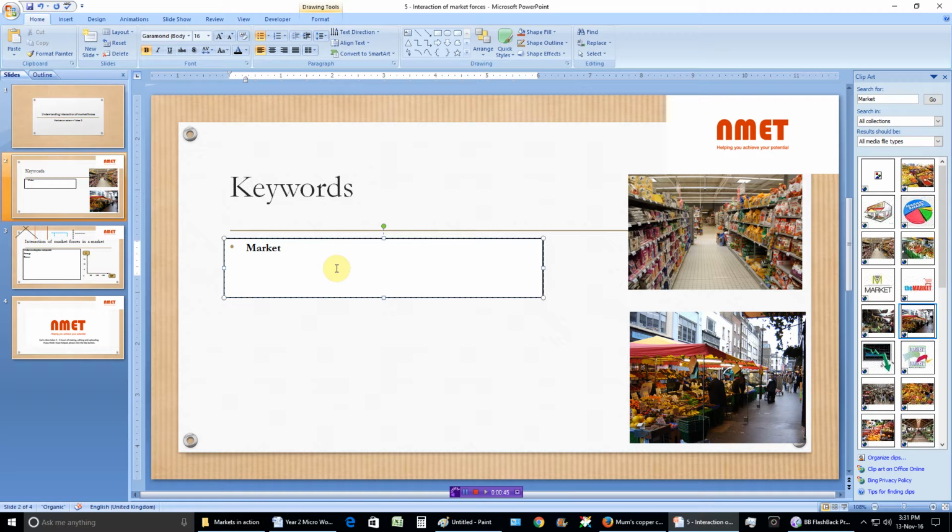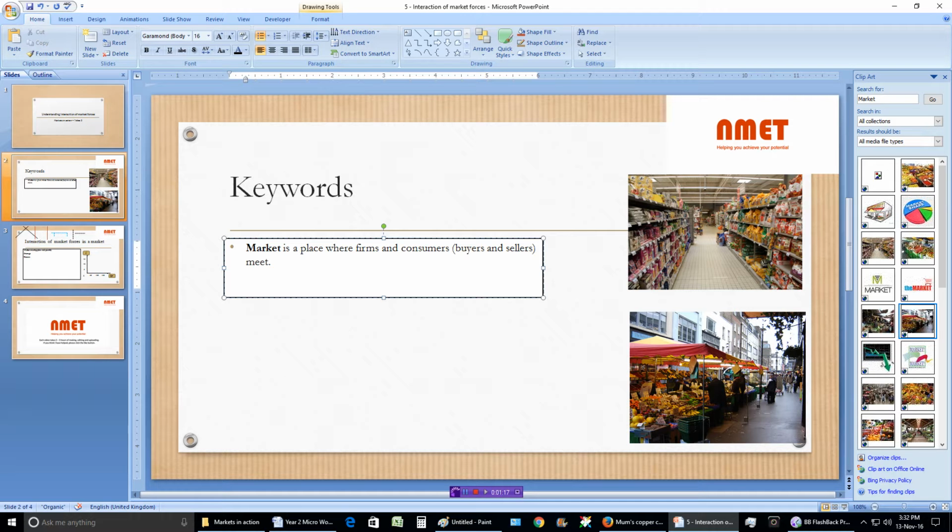So market, in a very traditional way, is a place where firms and customers, or buyers and sellers, meet, and obviously they exchange money to buy goods and services of that firm.